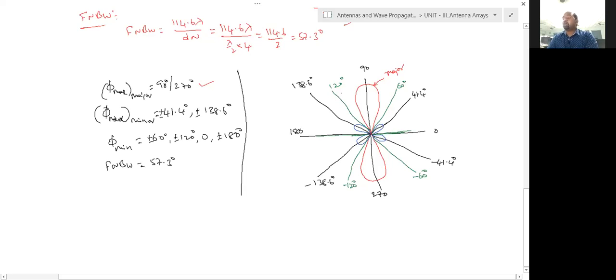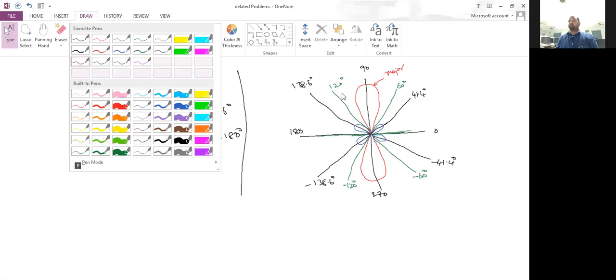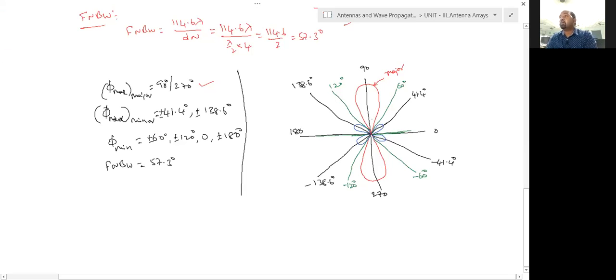Let us also indicate the first null beam width. From the graph, what is the first null beam width? This is the first null beam width.